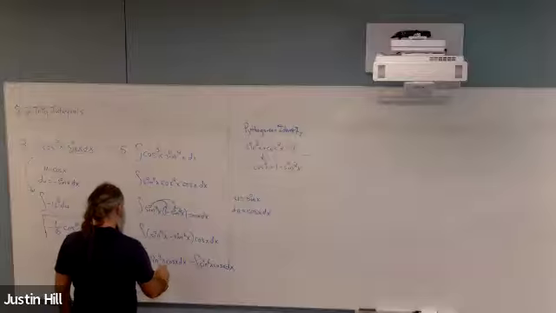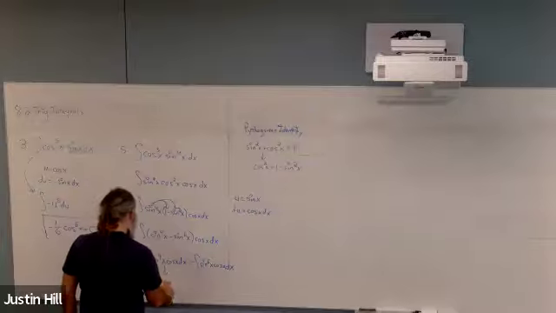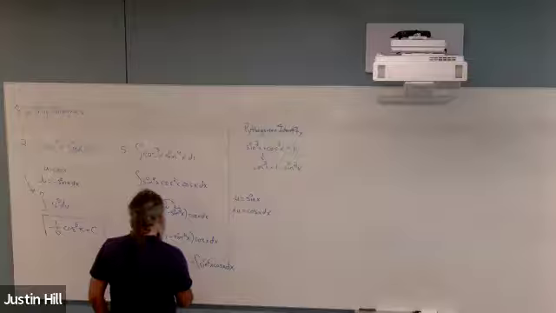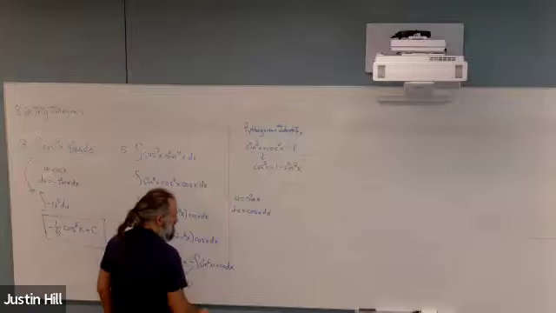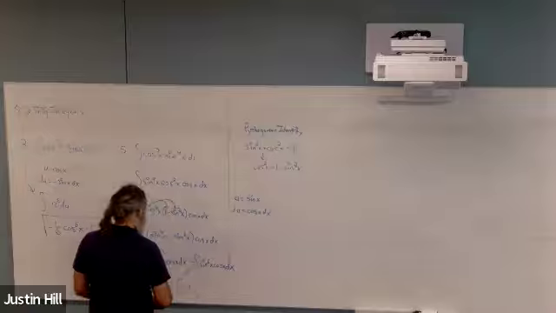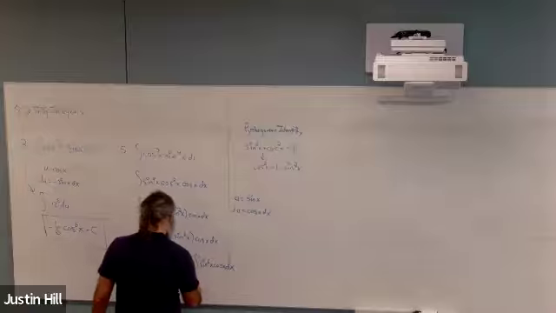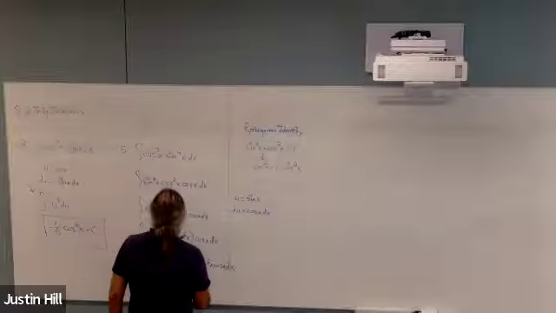So this is going to become the integral of u to the fourth du, and this becomes the integral of u to the sixth du. Then we can work these through.